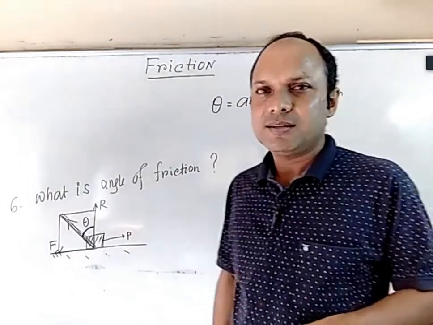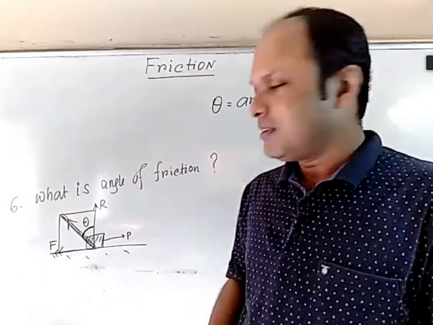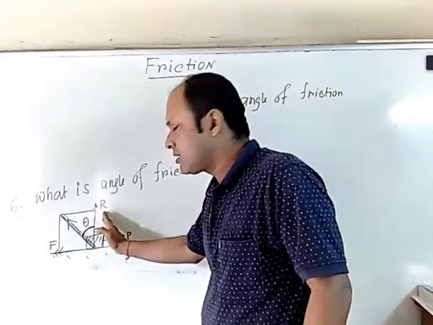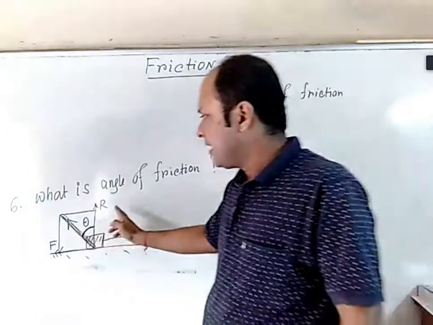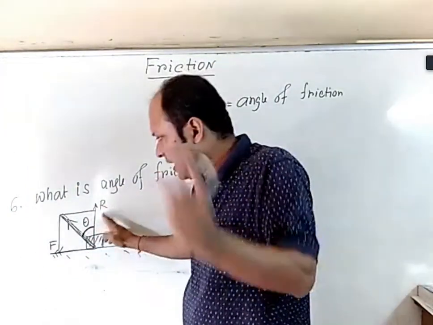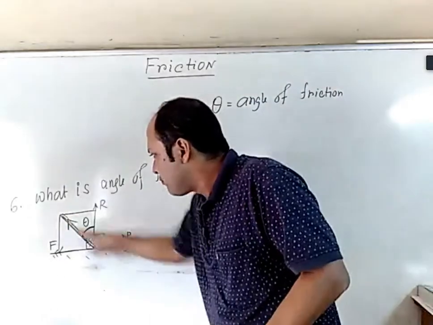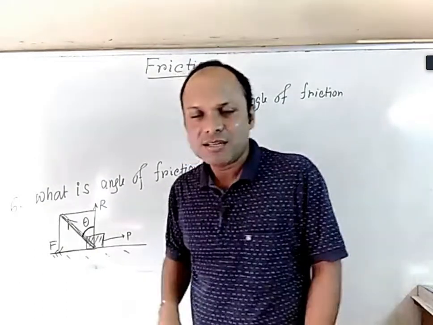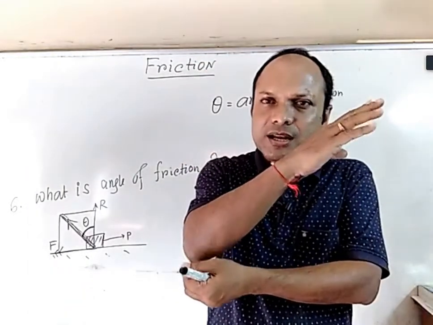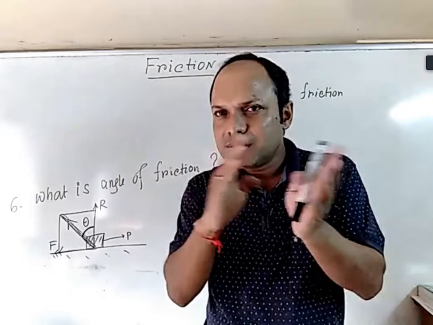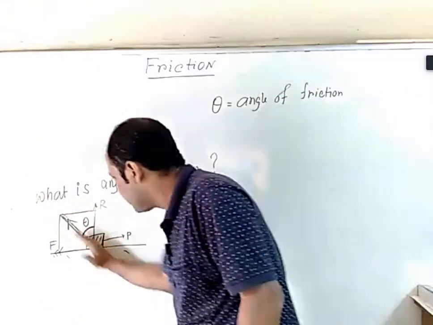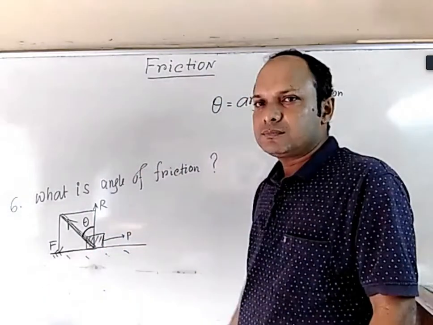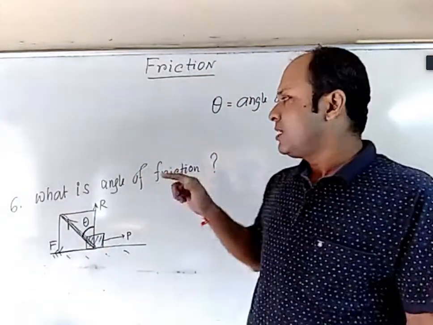I'm telling again, the angle of friction is the angle between the normal reaction and the resultant of the normal reaction and frictional force. This resultant and the normal reaction itself make a particular angle, which is called the angle of friction.